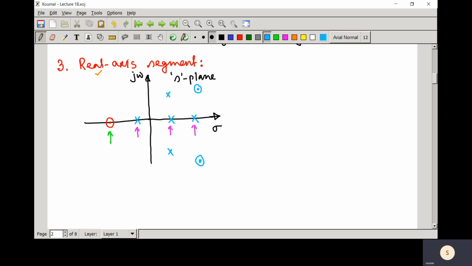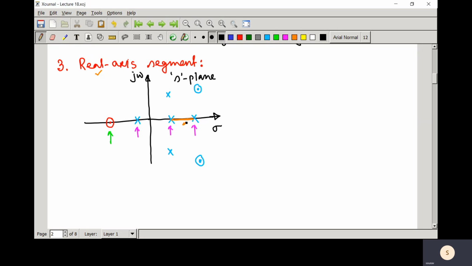Now if this particular portion of the real axis belongs to the root locus, that means when k is varied from 0 to infinity, the closed loop poles will be here in this particular branch. So our objective is, which segment of the real axis would belong to the root locus.